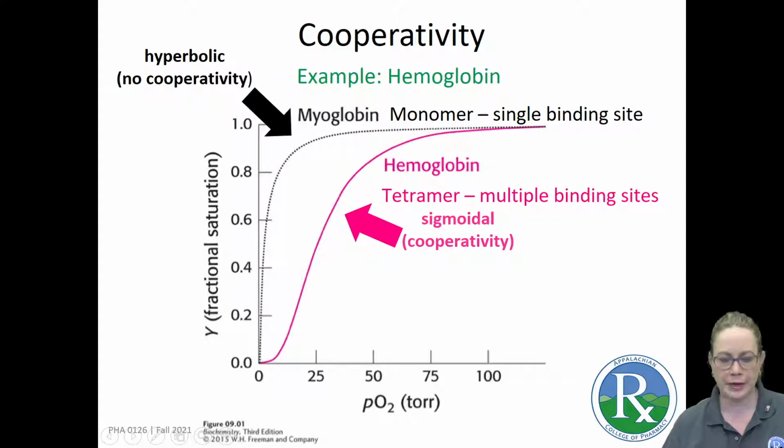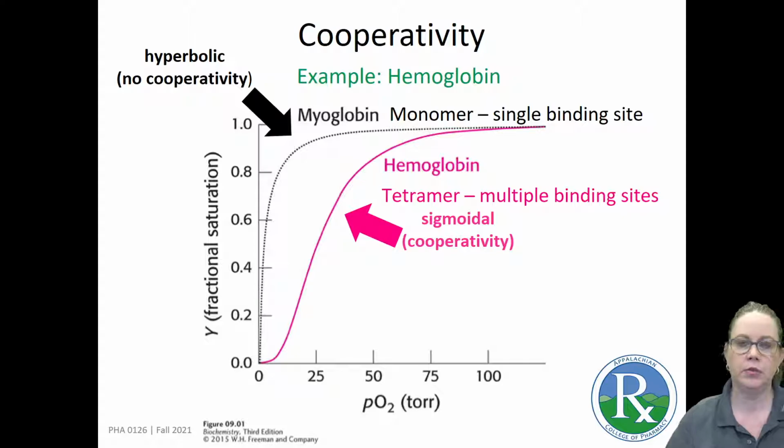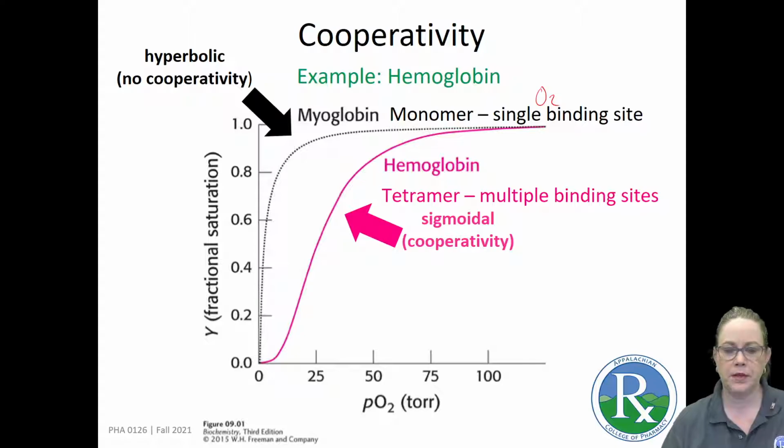If we look back at these curves now, myoglobin, which has the black line, is a monomer and contains just a single oxygen binding site. That does not have any cooperativity, so it has that hyperbolic shape. In contrast, our hemoglobin protein is a tetrameric protein.